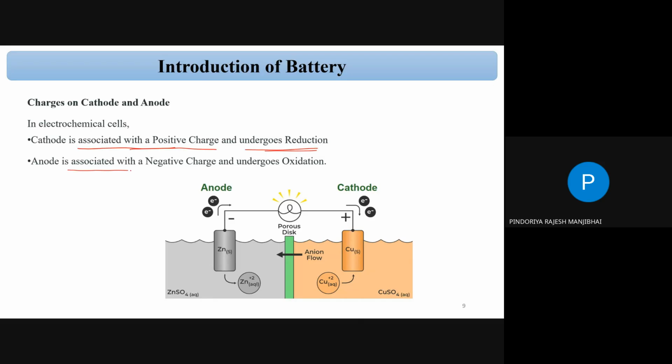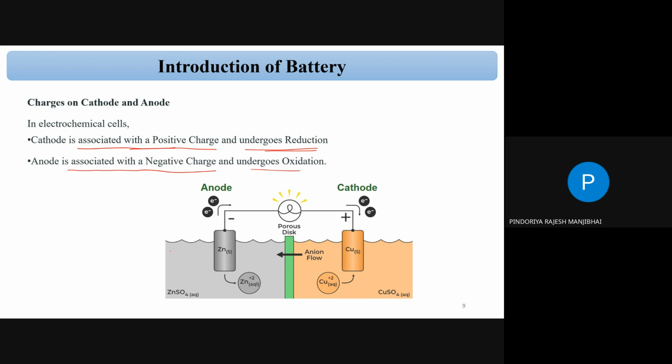There are two terms in the battery: one is reduction and one is oxidation. The anode is associated with the negative charge and undergoes oxidation. That's why I said the cathode is positive and the anode is negative. But sometimes people say the cathode is negative and the anode is positive. Simply, the cathode is the reduction process and the anode is the oxidation process.